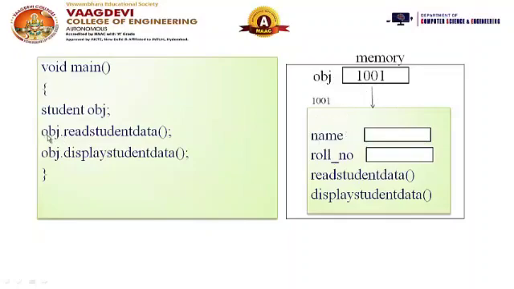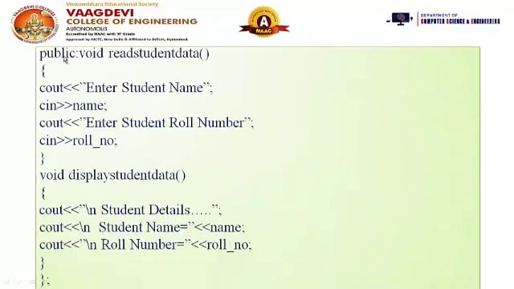The statement obj.readStudentData calls the readStudentData method in the student class. The readStudentData method is invoked by using the object obj. So the control goes to the readStudentData method definition. Then the control enters into the readStudentData method.